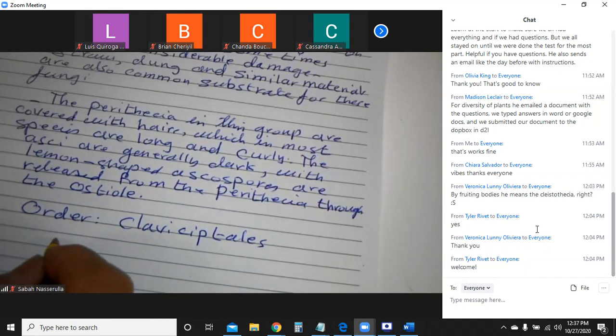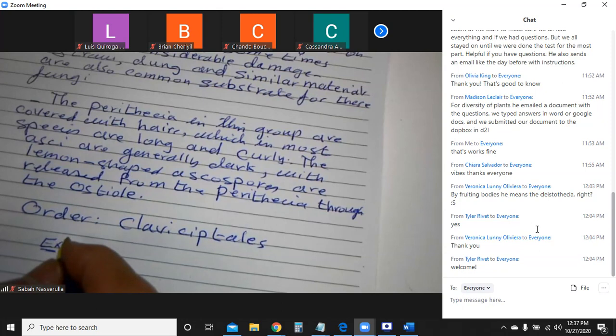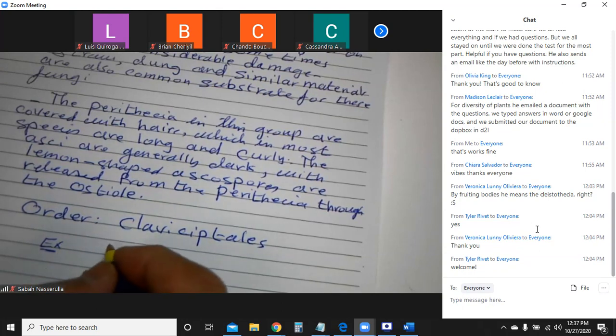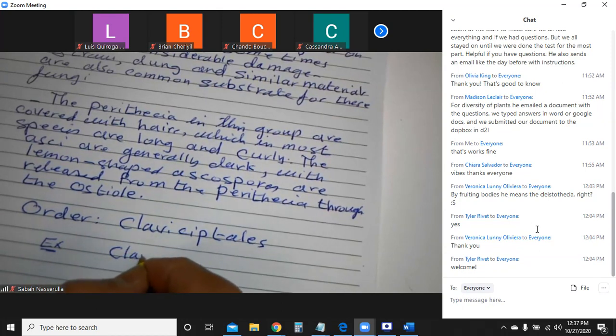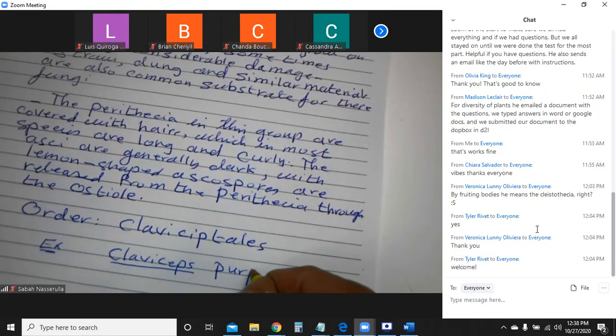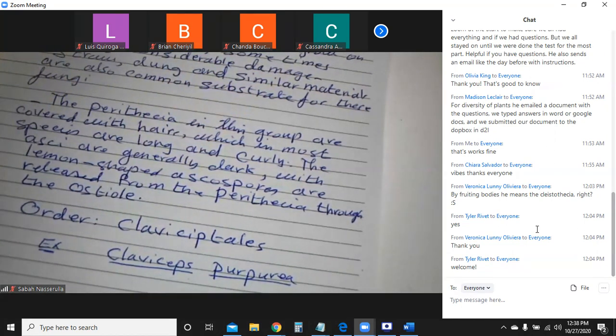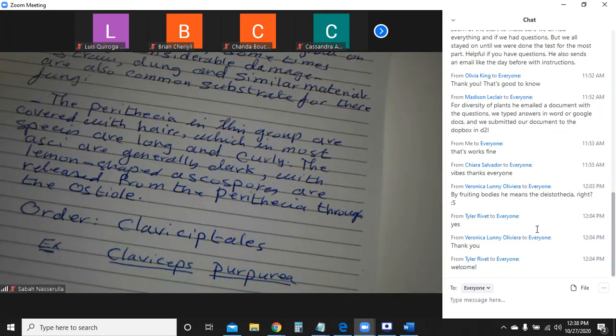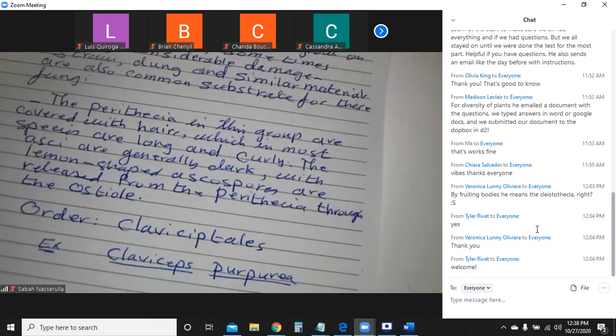The example I'm going to mention is Claviceps purpurea.